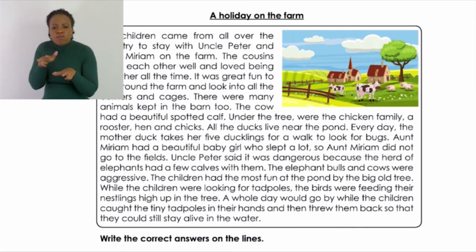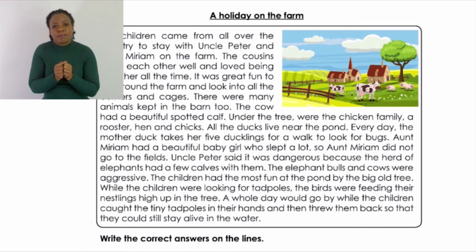Auntie Miriam had a beautiful baby girl who slept a lot. So Auntie Miriam did not go to the fields. Uncle Peter said it was dangerous because the herd of elephants had a few cows with them. The elephant bulls and cows were aggressive.